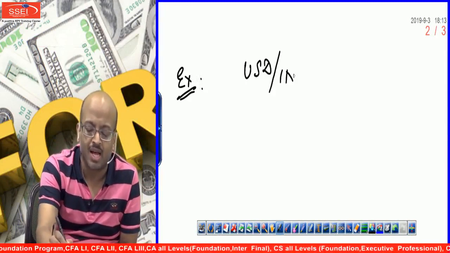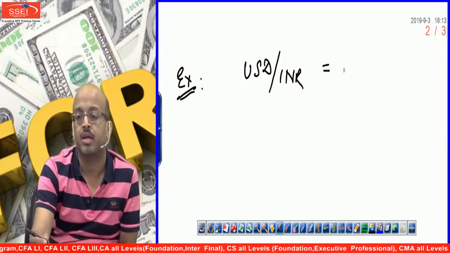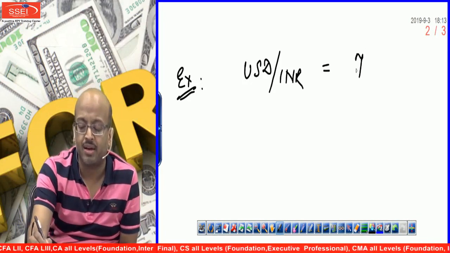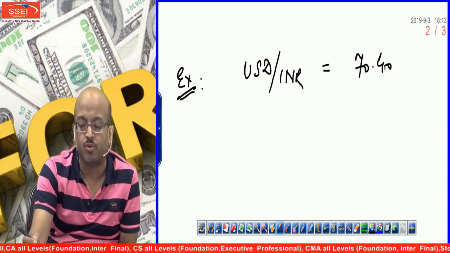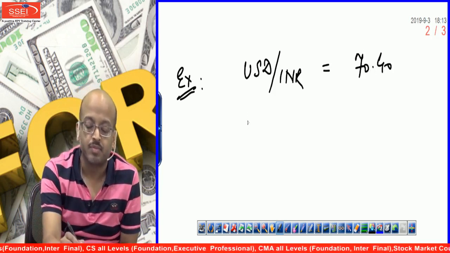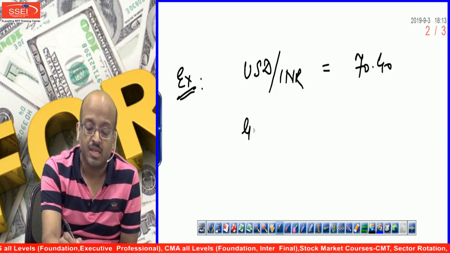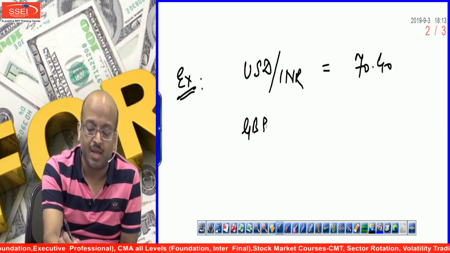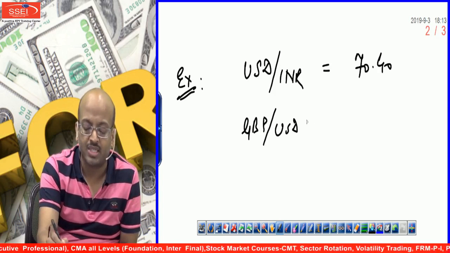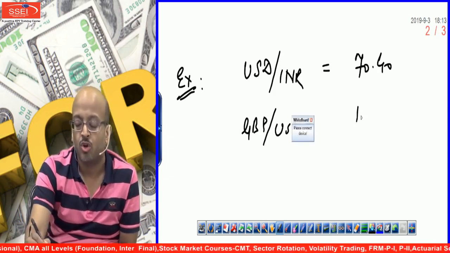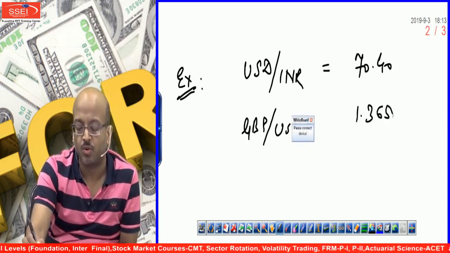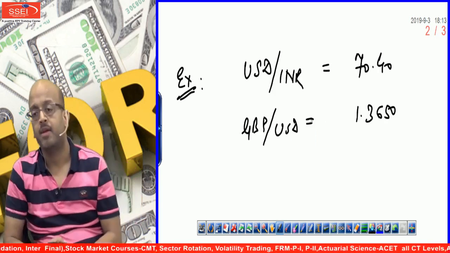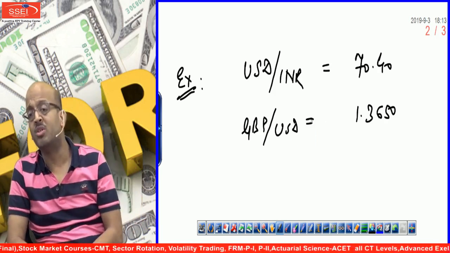USD/INR 70.40. GBP/USD 1.3650. You can see from both the quotes that there is a googly.